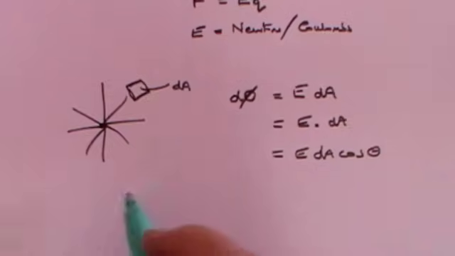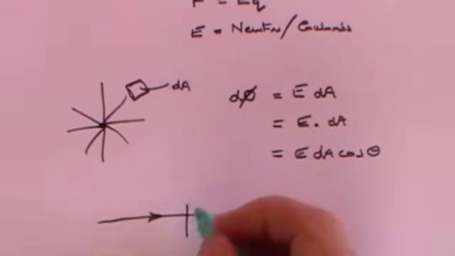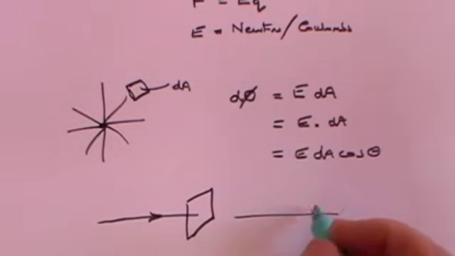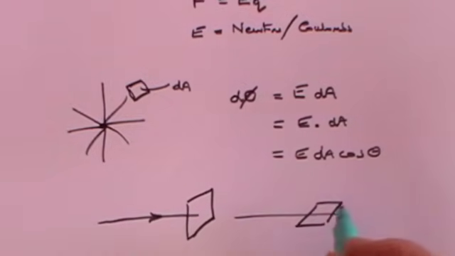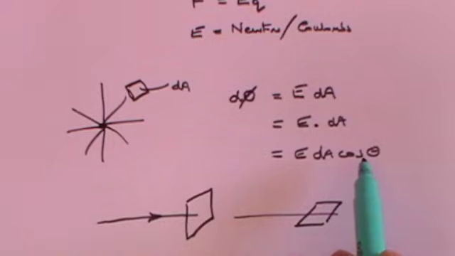Let's suppose that this is the E field in this direction. If the window is square on, in other words at 90 degrees, then the E field will pass through the window. If on the other hand the window is flat on, then no flux will go through the window, it just bypasses it. So the critical thing is, what angle is the window to the E field? And that's where this cos theta term comes in.